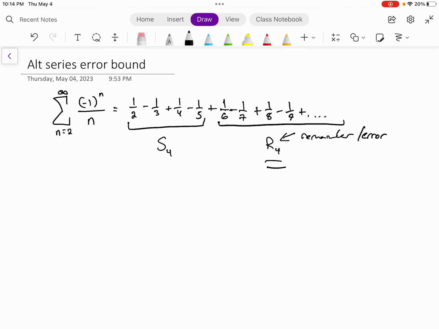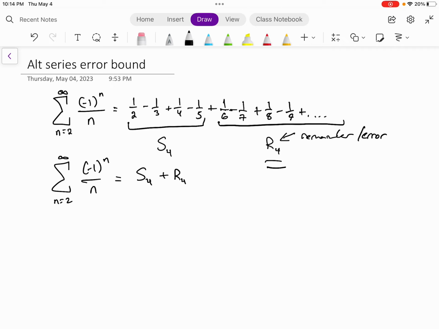So if I wanted to rewrite this, I don't think any of you would have any problem with me saying, look, this thing is really equal to the fourth partial sum plus this remainder. I'm obviously breaking it into 2 separate pieces. And we can readily calculate this fourth partial sum. This fourth partial sum is just a half minus a third plus a fourth minus a fifth.